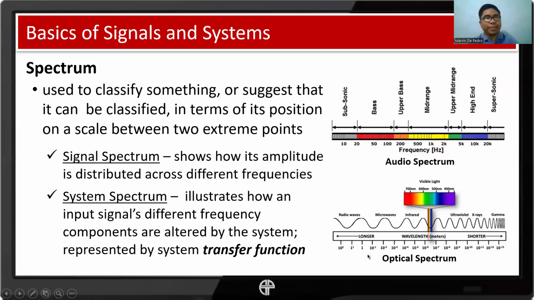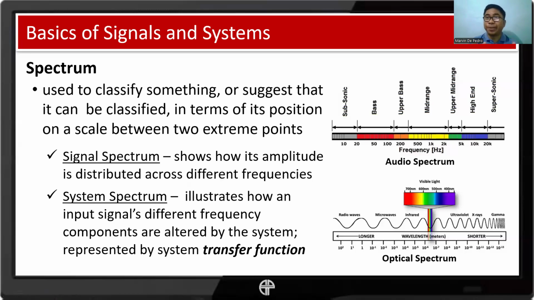At the same time, we can be more specific when it comes to spectrum. We can refer to the signal spectrum, the spectrum of the signal itself, or we can refer to the spectrum of the system. What we are normally designing is the system spectrum, because this is what shapes the signal that goes through it.